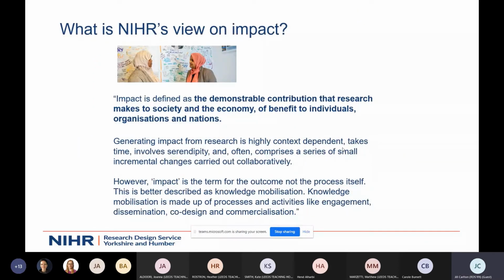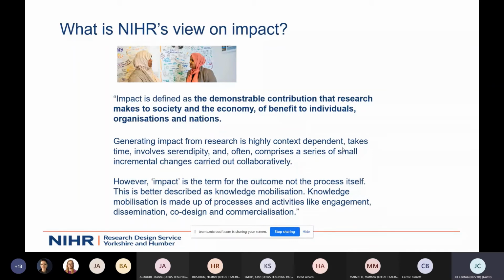In terms of what the NIHR view impact to be, it's being able to show the contribution that anybody's research makes to society or to individuals, be that in organisations or indeed to countries. So impact is the term that we use for the outcome and not necessarily the process itself.